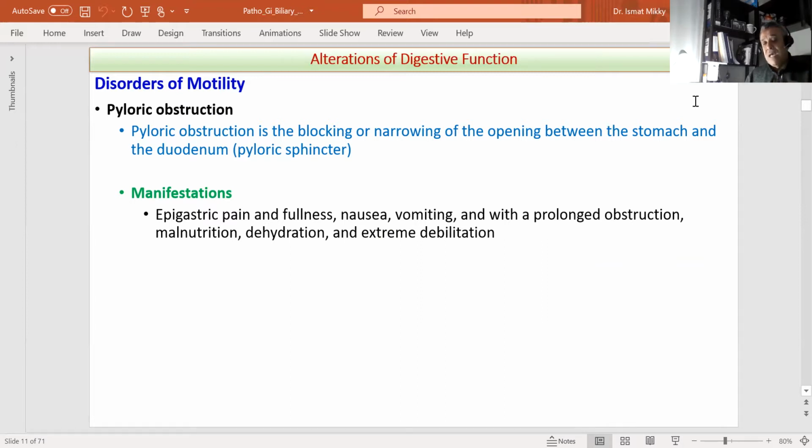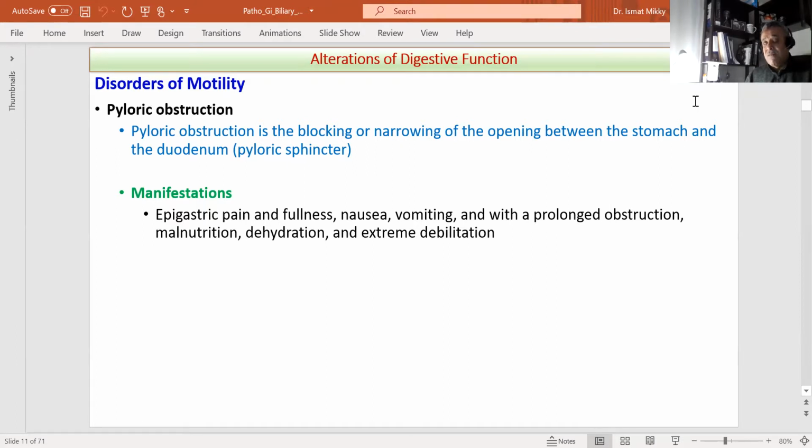So the patient with the pyloric obstruction, first of all, it can be acquired or congenital, but the patient will exhibit manifestations like epigastric pain and fullness of the stomach, nausea, vomiting. With prolonged obstruction, due to the malabsorption, the patient becomes malnourished, dehydrated, and extremely debilitated, like severe weakness and fatigue.